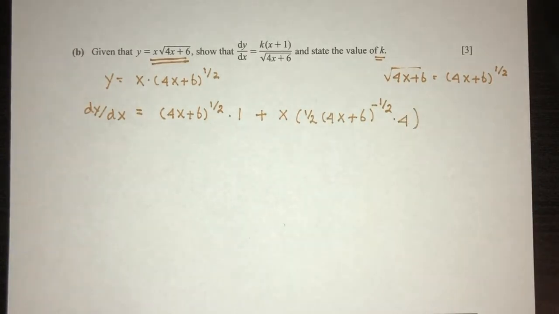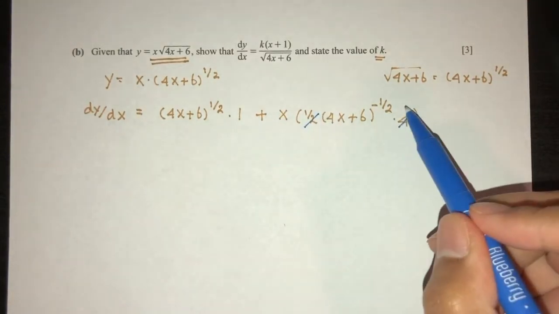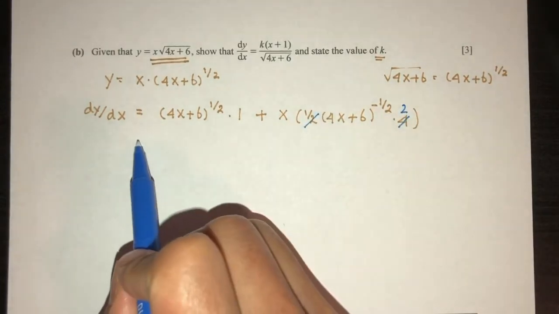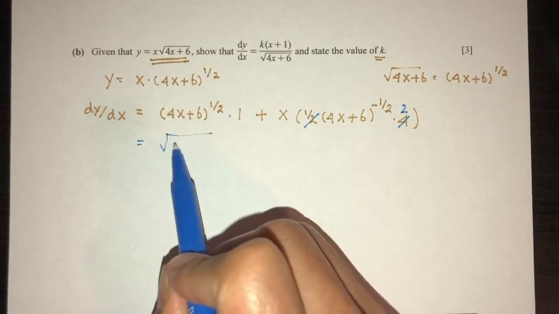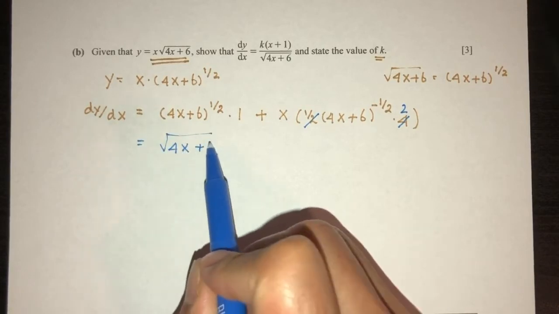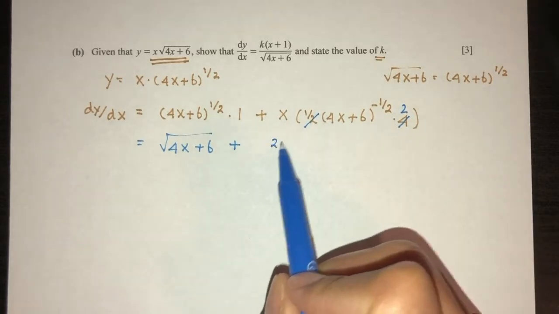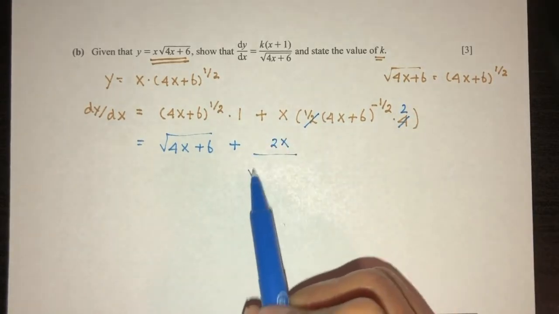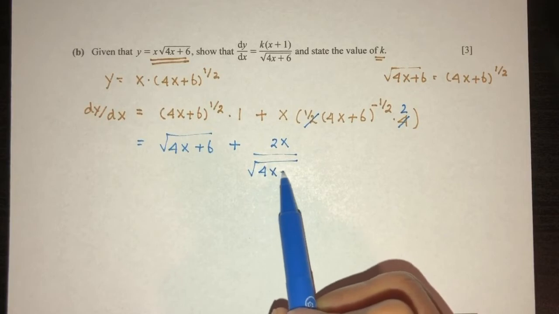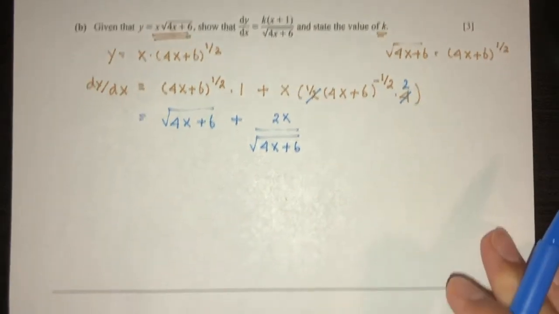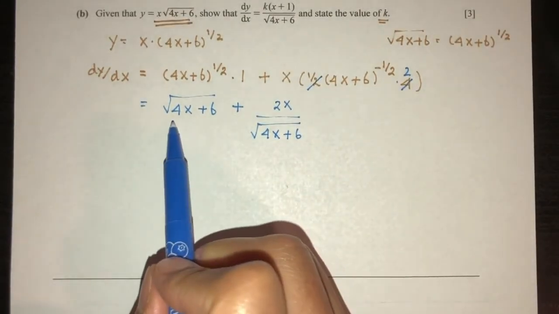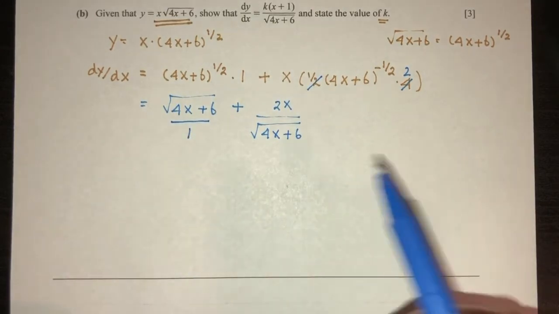So now we have to simplify. This is 2. That will be 2. So you will have root of 4x plus 6 plus 2x divided by root of 4x plus 6. So now we can simplify, because as you can see, this is just over 1. It is 2 fractions.